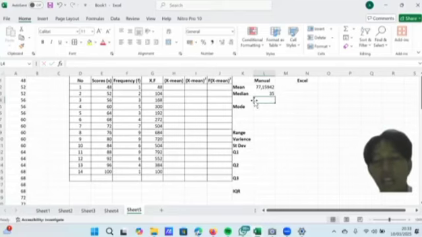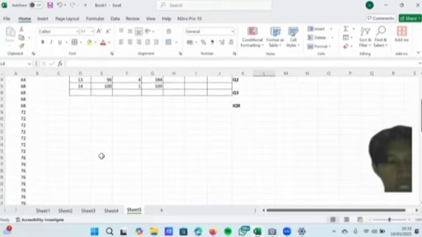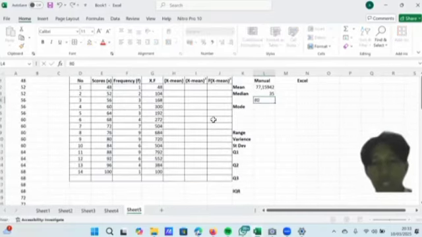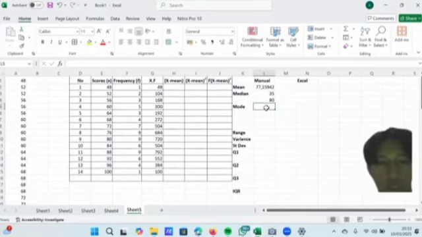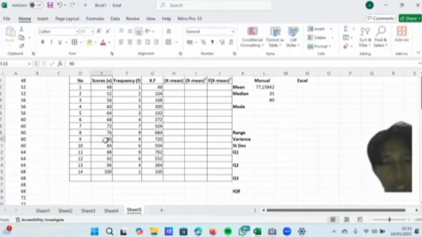And we're going to search for the number 35, which is 80, is the median. And for the mode, we're going to find the most frequent values in this data, which are 76, 80, and 88.